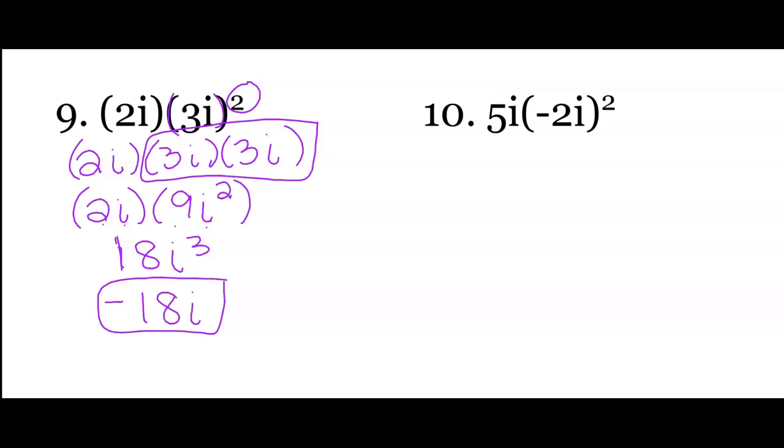Again, order of operations says exponents before multiplying. So 5i gets squared. Negative 2 times negative 2 is perfect. 5 times 4 is 20, and i times i squared is i cubed.